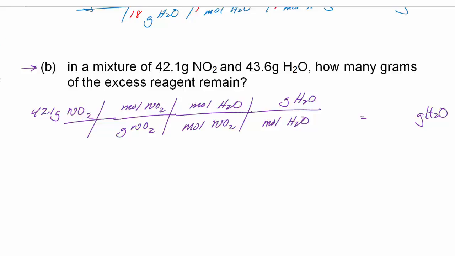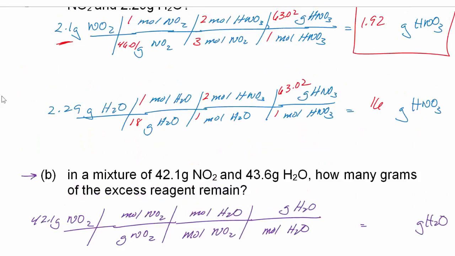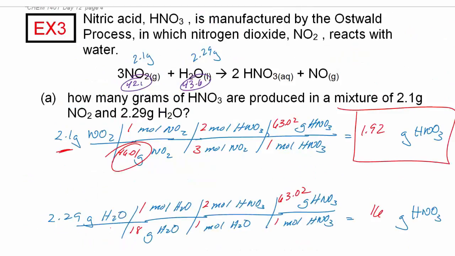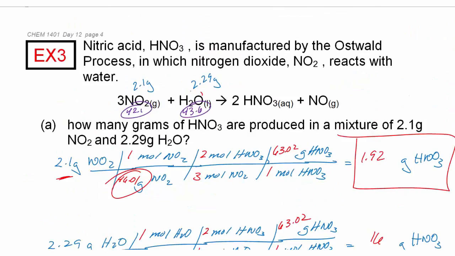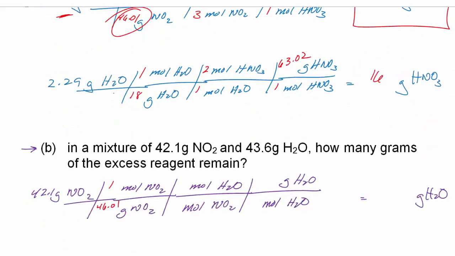My molar mass of nitrogen dioxide is 46.01, all right? And moles of water, I have 1 mole of water for every 3 moles of nitrogen dioxide. And my molar mass of water is about 18.